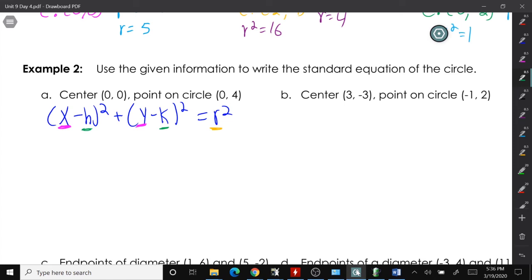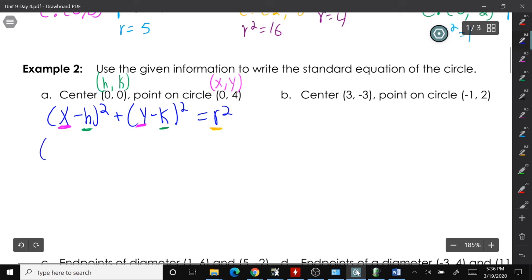So what I'm going to do is I'm going to plug in these values. Since the center is 0, 0, I'm going to plug that in for h and k, and plug in 0, 4 for x and y, because then I can simplify that to figure out what the radius is.